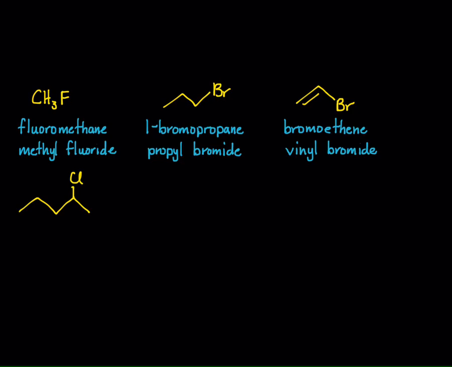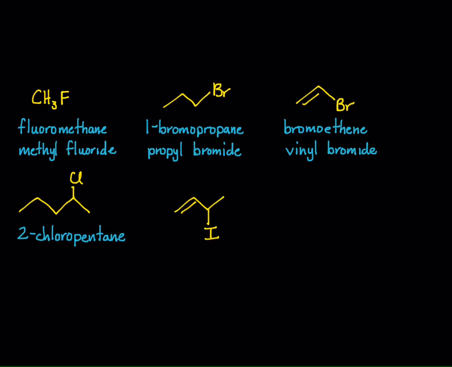So here you would count the number of carbons in the chain, which is a 5-carbon chain. You would number the carbon with the chlorine attached to it carbon number 2, so this would be 2-chloropentane. And here I have another alkene with an iodine coming off of it.